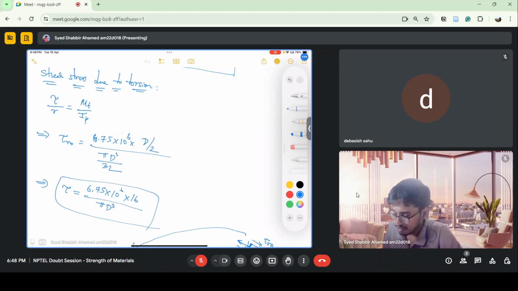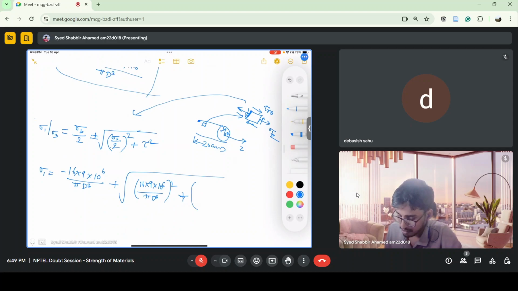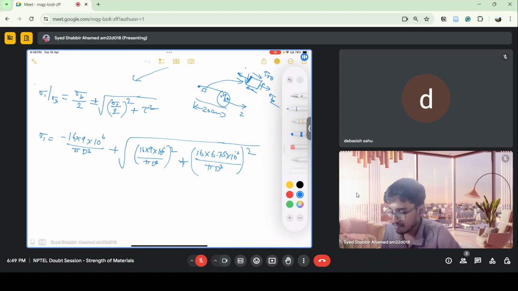So 32 will become 16, so plus root over 16 into 9 into 10 to the power of 6 by pi d cube whole square plus I'll get this 16 into 6.75 into 10 to the power of 6 by pi d cube whole square. So this is my major principal stress.